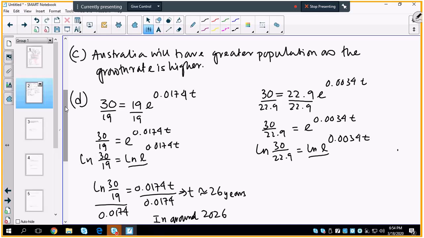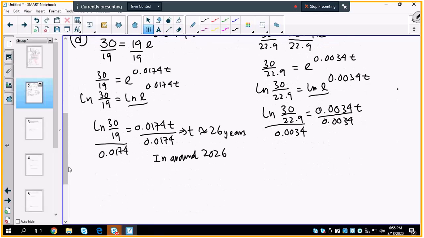Again, this cancels, so I get natural log of 30 over 22.9 equal to 0.0034t. Divide both sides by 0.0034 and then simplify that number in the calculator. This has isolated t, so I will say that t is going to be approximately equal to, so let's do this work.